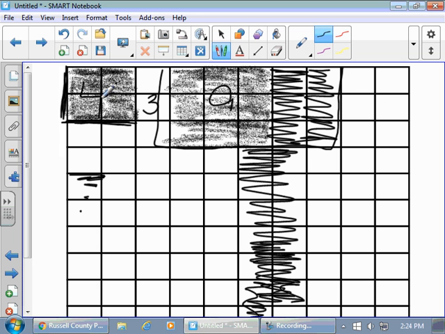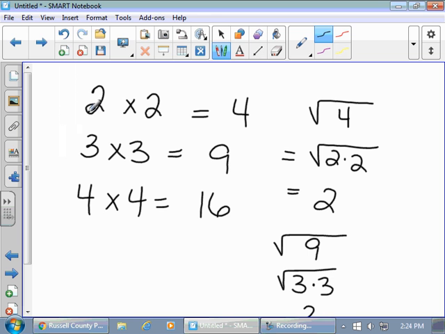No. Nope. Okay, so that's just kind of the quick reference. Because that's still a 5 by 3. So it's not a perfect square.